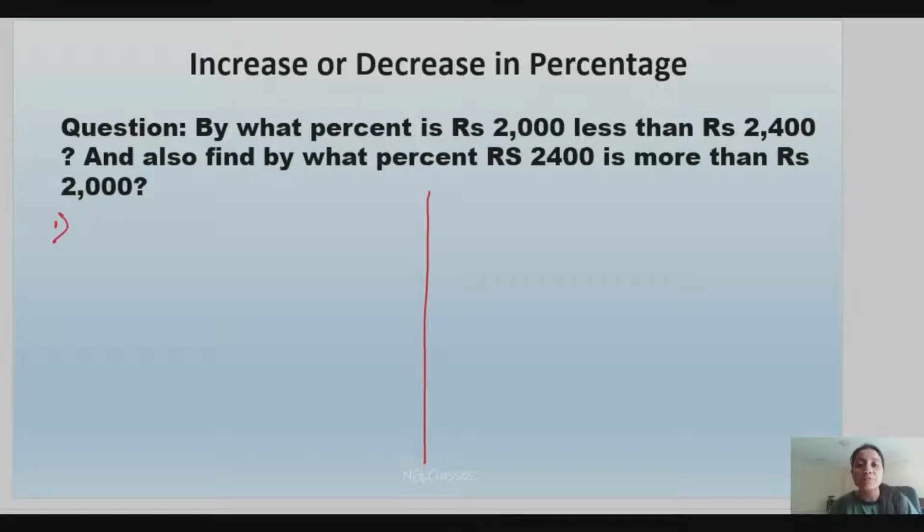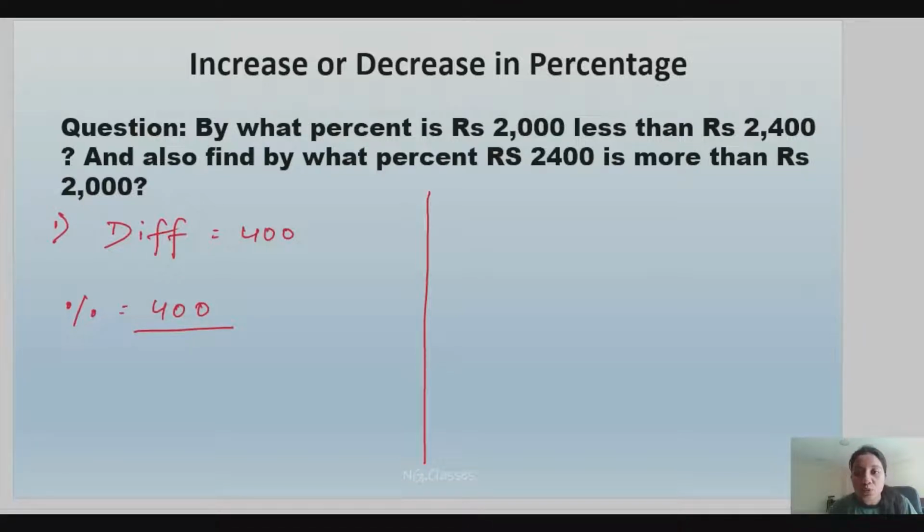Whether we have to find the less percent or the more percent, at first we will find the difference between the two numbers. So here the difference between 2,000 and 2,400 will be 400, right? Now the percentage. Since we want to find by what percent 2000 is less than 2400, in numerator we will write the difference, and in denominator we will write the bigger value.